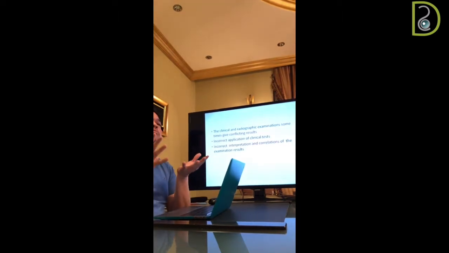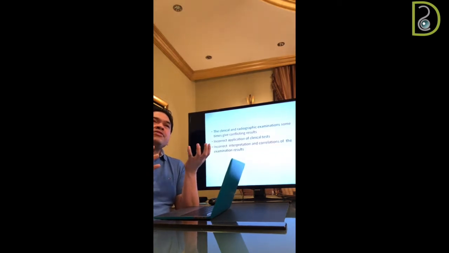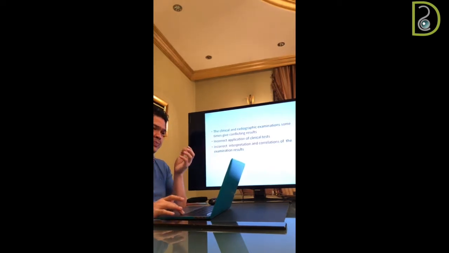Finally, sometimes we don't have the skill to correlate the examination results of the patient, for example when there is a lesion on the radiograph and the pulp test shows no correlation between our radiograph and our clinical result.